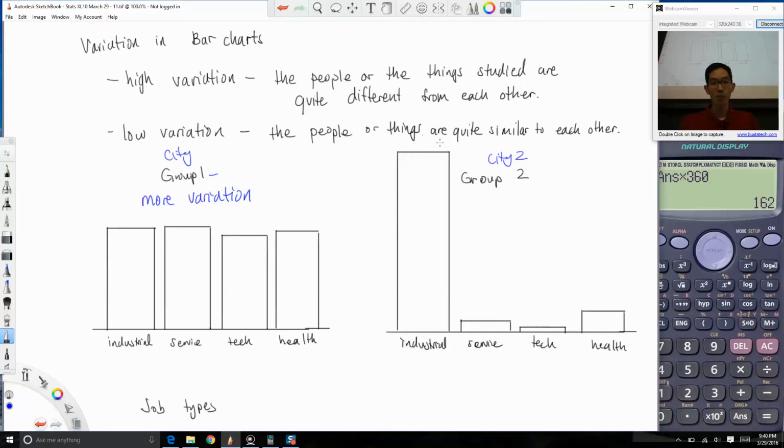Most people would be Chinese in China. So as far as ethnic diversity or variation, it would be something like that. That is seeing variation in bar charts. If you have one category that's very dominant in a bar chart, then that indicates less variation.